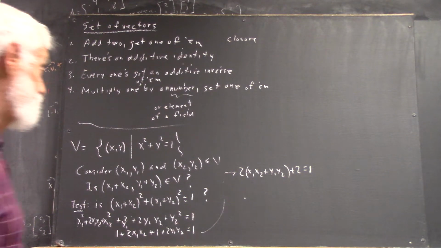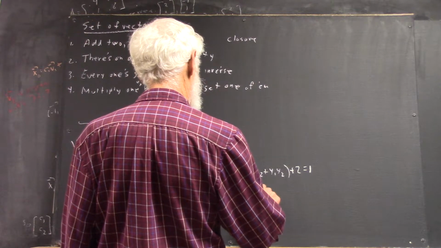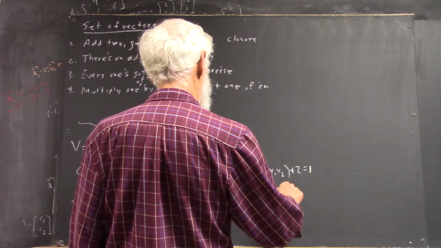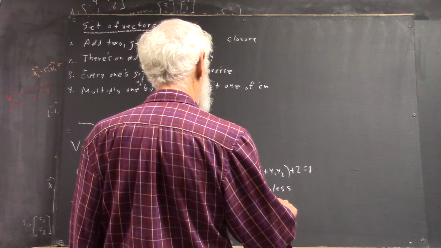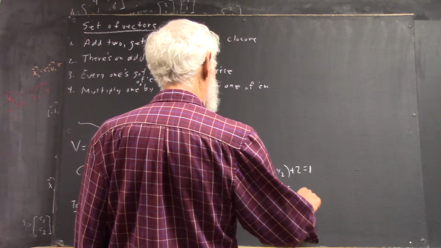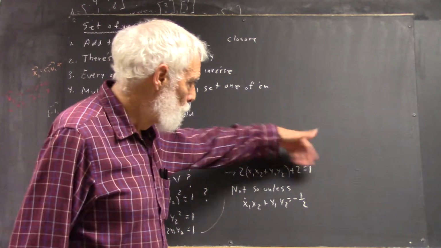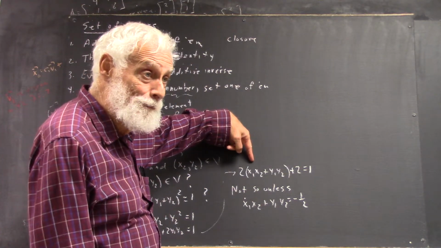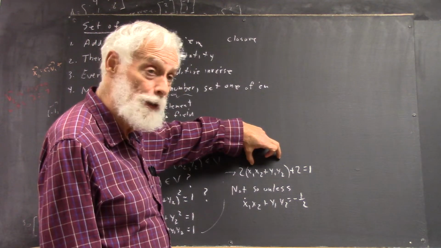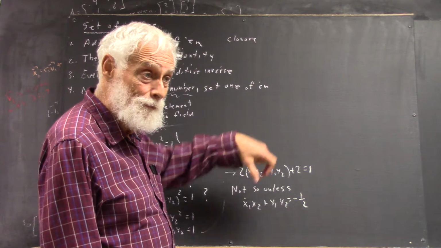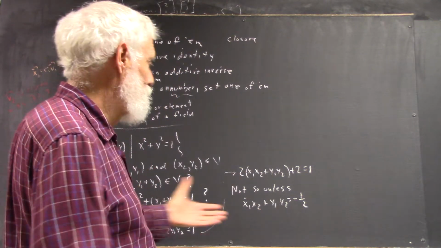Well, not so unless x1 x2 plus y1 y2 equals negative 1/2. Because the only way this is going to add up to 1 is if this is negative 1. Which means 2 times this has to be negative 1, which means that this has to be negative 1/2, right? Okay? And it's just not necessarily so.